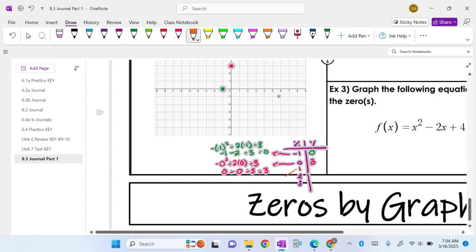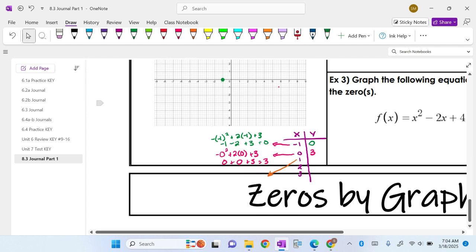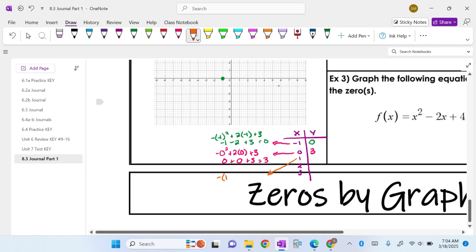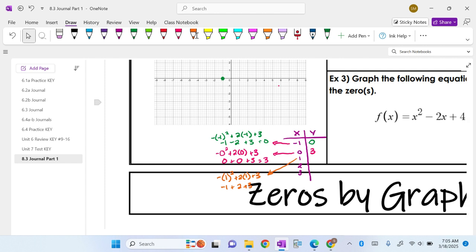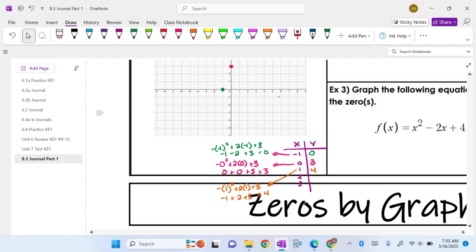And then if I did 1, I have -1 all squared plus 2 times 1 plus 3. So 1 squared is 1 times a negative is -1 plus 2 times 1 is 2 plus 3. So 2 plus 3 is 5 minus 1 is 4. This would be 1, 4.